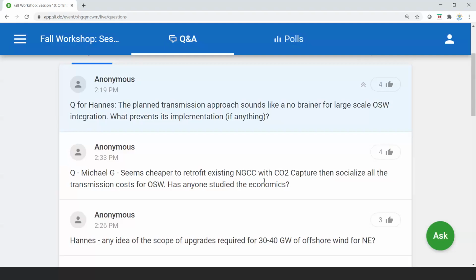The ISOs can do the planning, and if the states are willing to cover the costs, these plans can be implemented under the existing tariffs. I think what holds us back is the states are eager to get the first few projects done, so they don't want to delay project implementation through a planning process that might take several years.